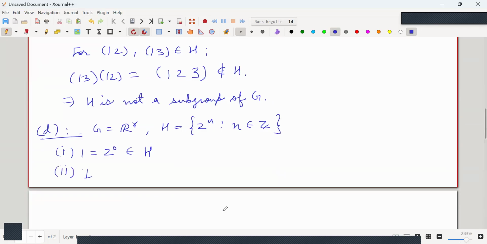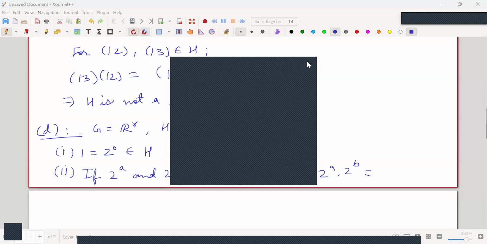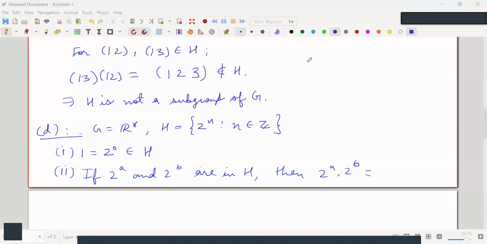the closure? See, 2 raised to A and 2 raised to B are in H. Then what about 2^A times 2^B? That's just 2 power A plus B. And A plus B belongs to the set of integers. So this is closed. Right.